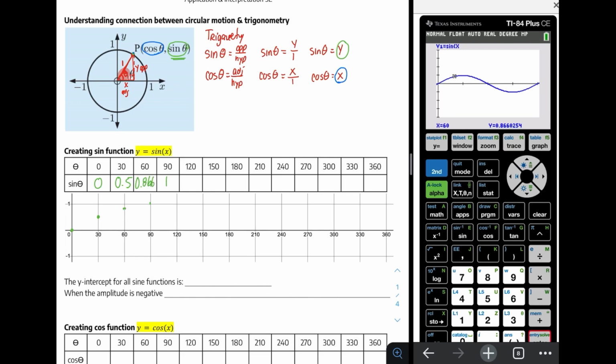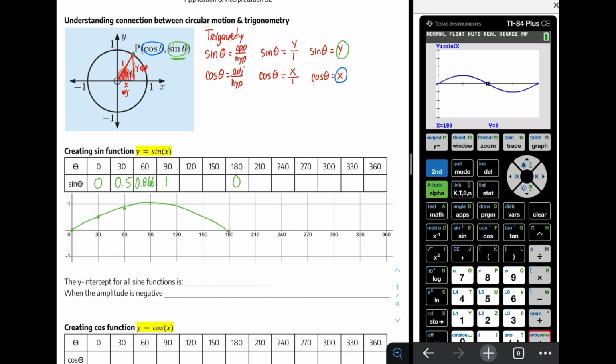And what we notice is that if I do trace of 180, I am back to my starting point, which is y is equal to 0. So I have this pattern looking something like this, very symmetrical, right? It takes us 90 degrees to get to the top of the y, which makes sense. And then it takes us another 90 degrees to get back to our starting point.